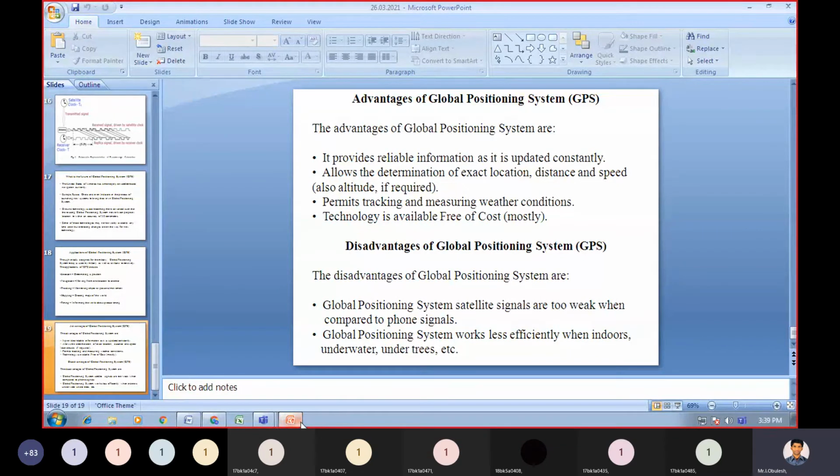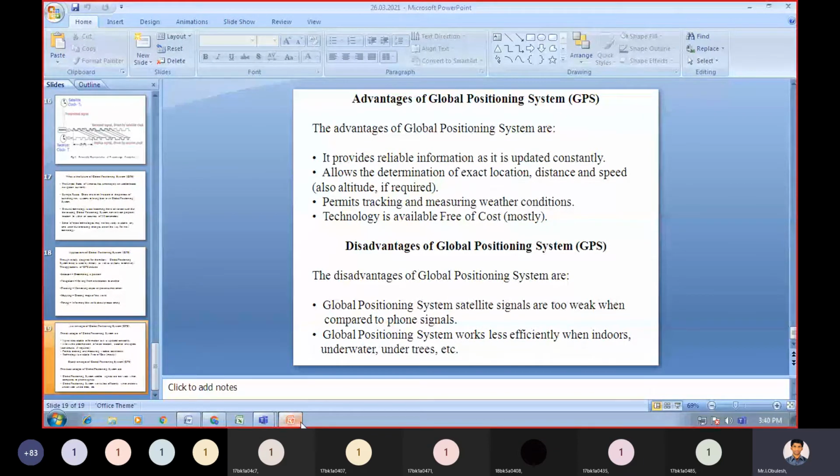It provides reliable information, as it is updated constantly. And it allows the determination of exact location, distance and speed.